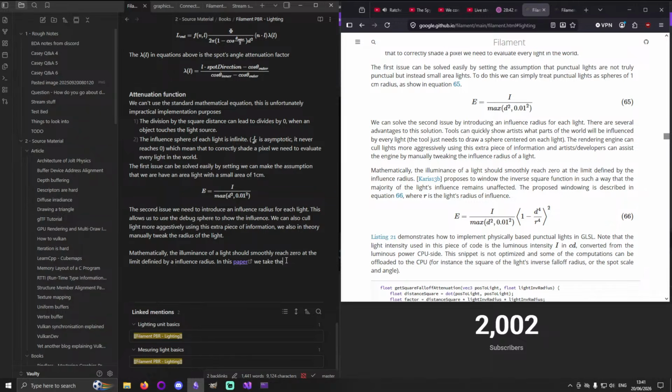We take the inverse square function, which is this, I think, right? To do this, we treat a punctual light as a sphere. Inverse square. Okay.